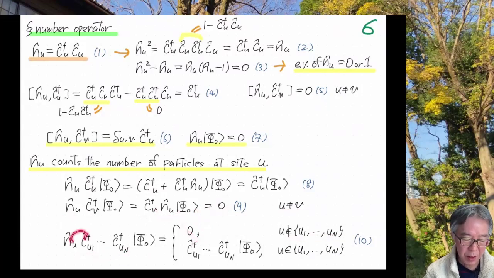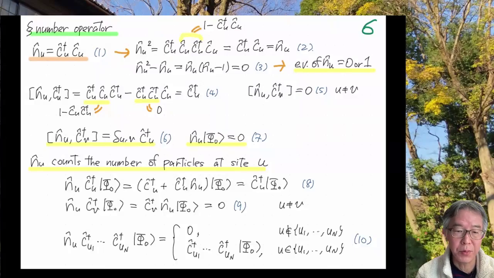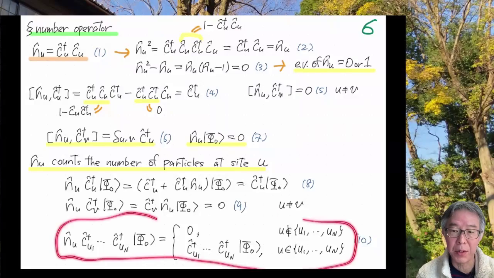In this case, n commutes with everybody and goes here, and from this you get 0. And when u is among this list, n commutes with most of them, but when it comes to c dagger_u itself, you do the same thing as here, and you get this. Okay, that's very easy to see. Sorry, there was something wrong, but anyway, we have derived this relation.